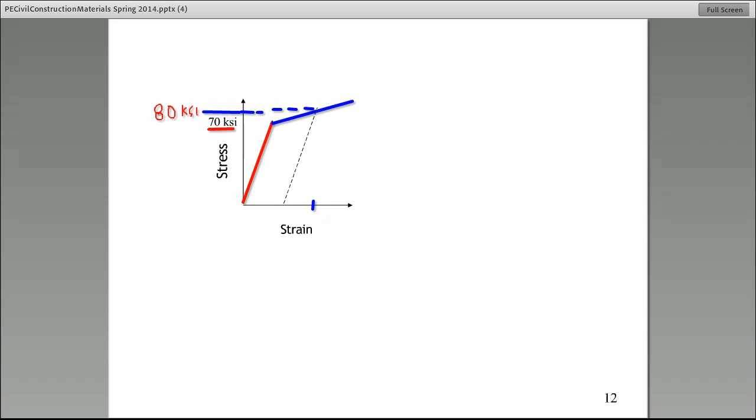But mathematically, what we are saying is a point on this graph that has a y value of 80 KSI, what is the corresponding x coordinate for that point? That's what we're really solving.